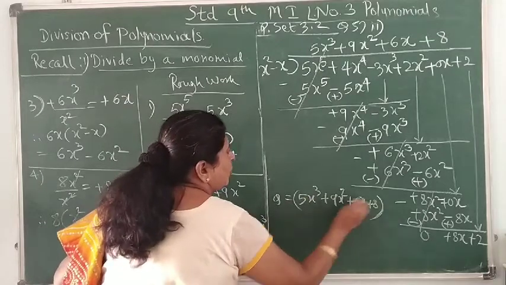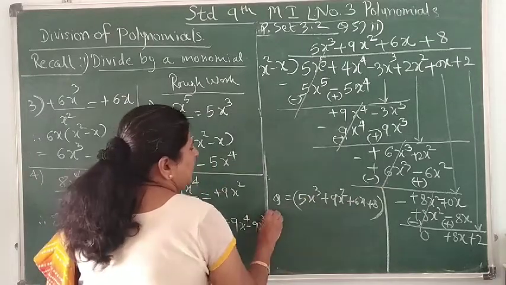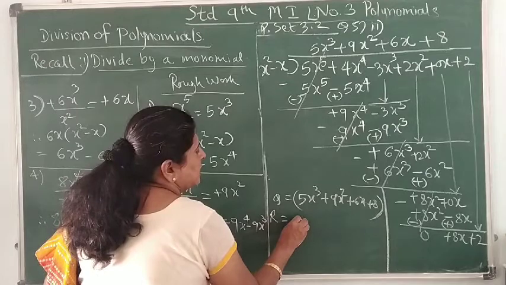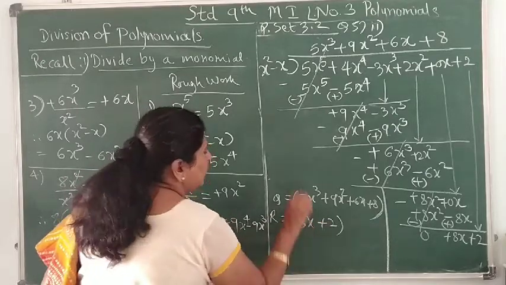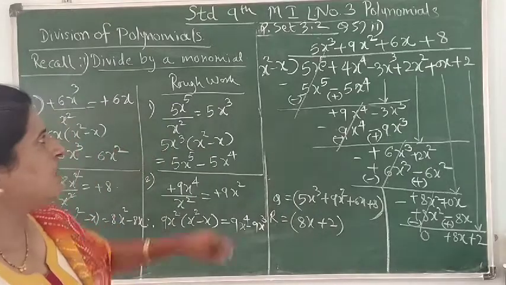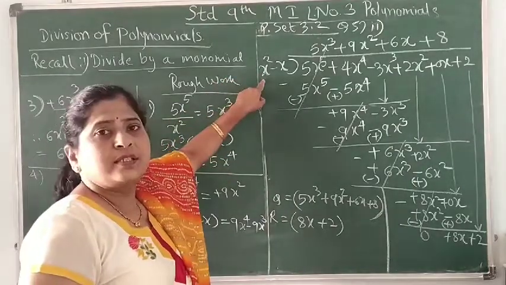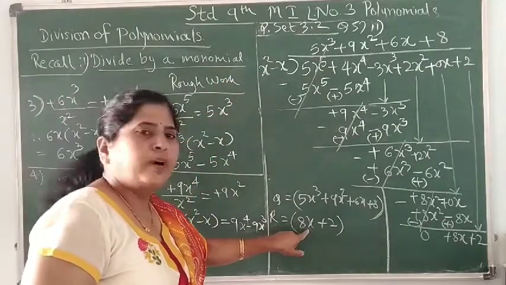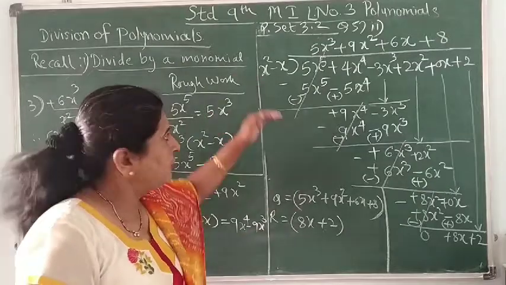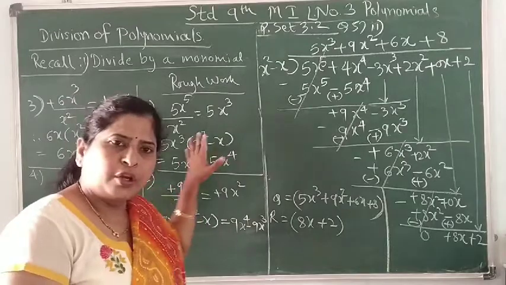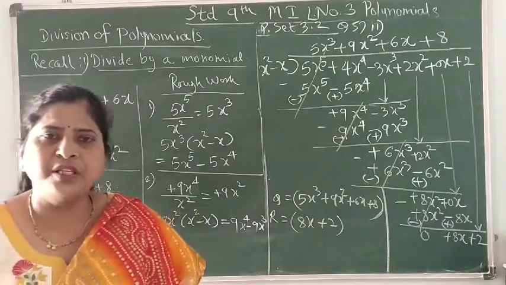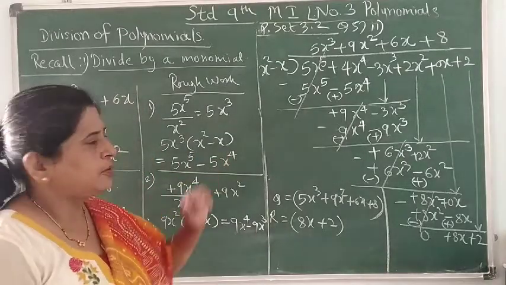Let me put a bracket over here and a line over here. And the remainder is 8x plus 2. As the degree of the divisor is 2, you cannot divide where the degree has become 1, which is lesser than that of the divisor.